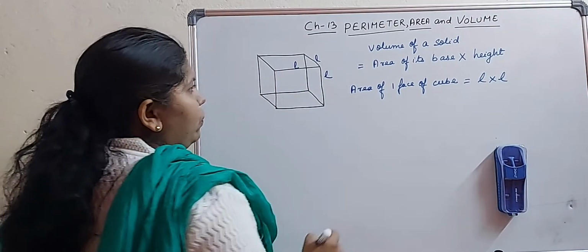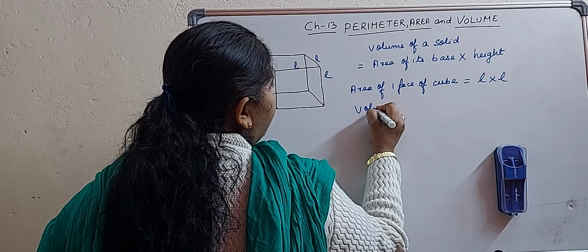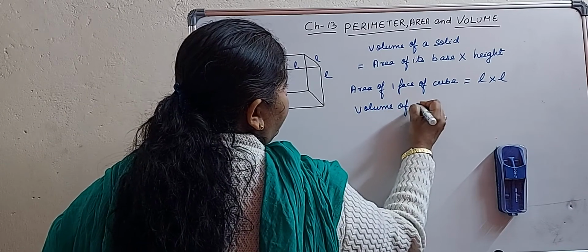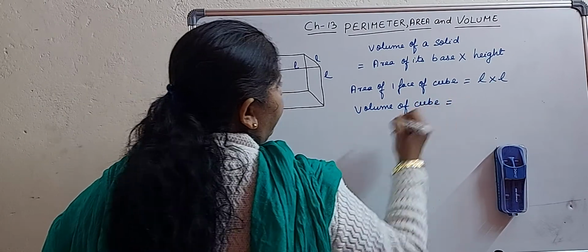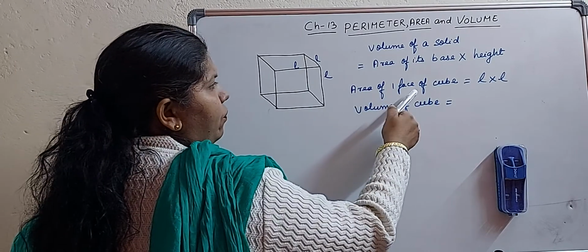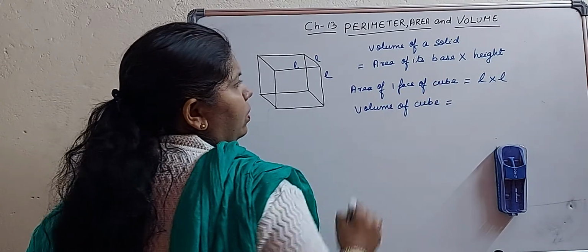Now suppose I have to take out the volume of the cube. It will be the area of one face of the cube into height.